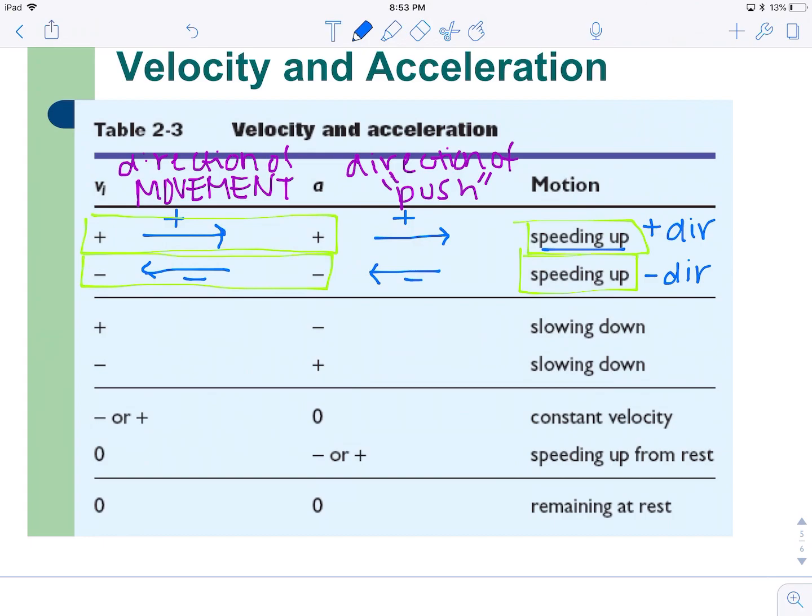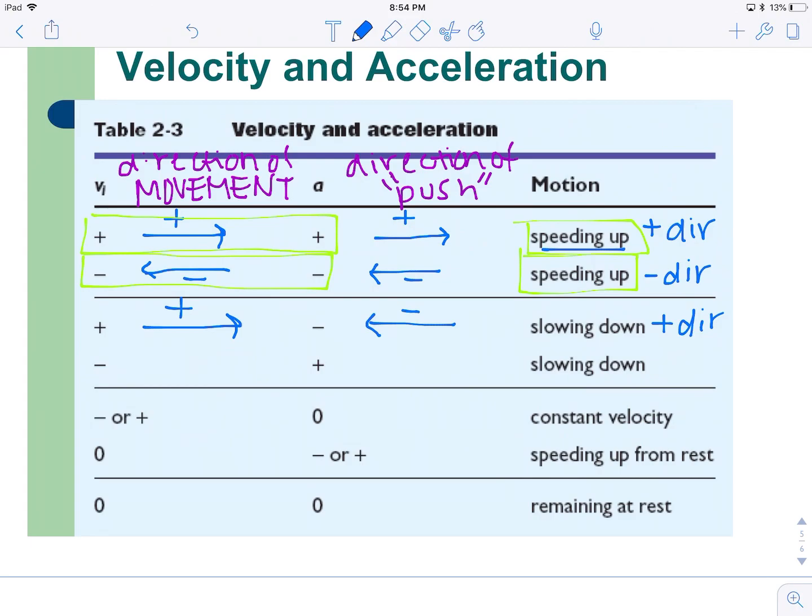If I'm experiencing a positive velocity, that means I'm moving in the positive direction. But I receive a push in the opposite direction. Those are going to kind of work against each other, and I'm going to end up losing some velocity and slowing down in that same direction that I'm traveling in.